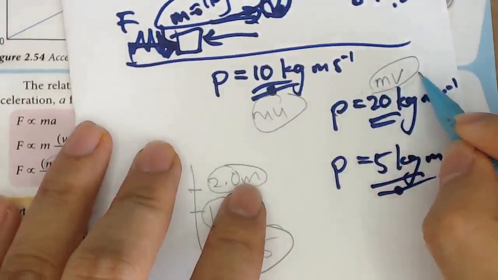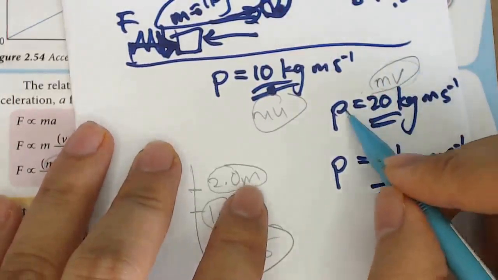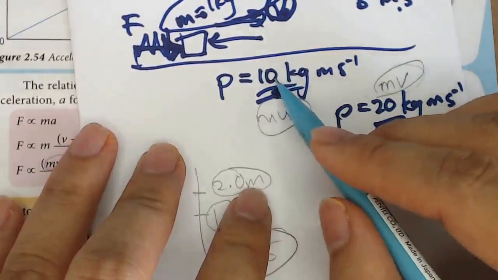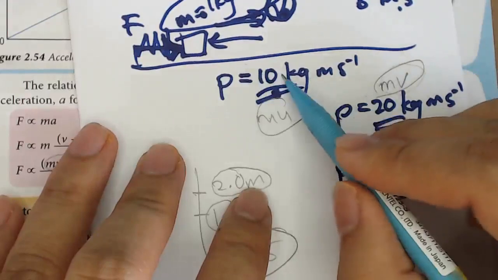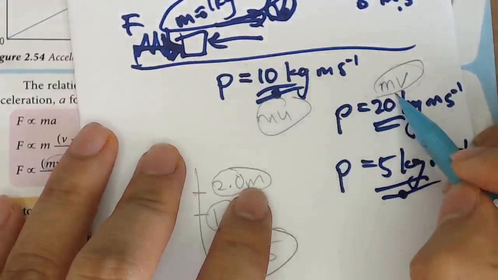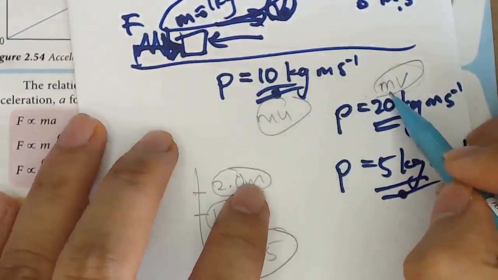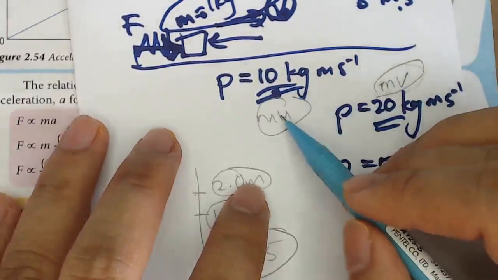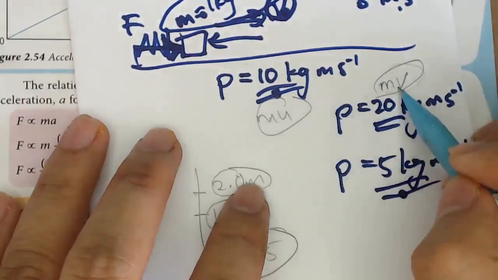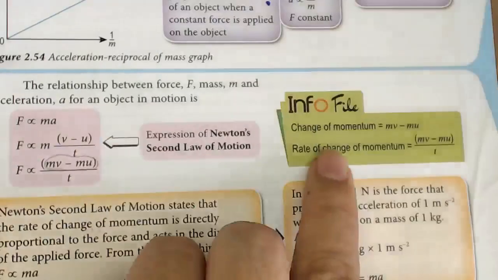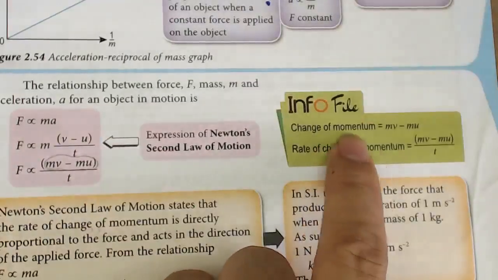We take this mv, we want to find the change. From 10 to 20, we take 20 minus 10, correct? This 20 represents mv, and this 10 represents the momentum earlier. So mv minus mu is the change of momentum.